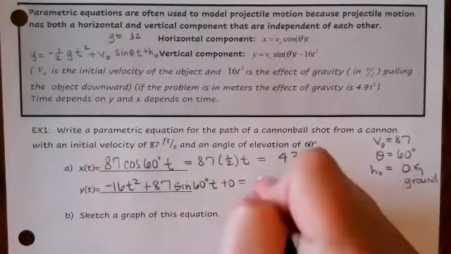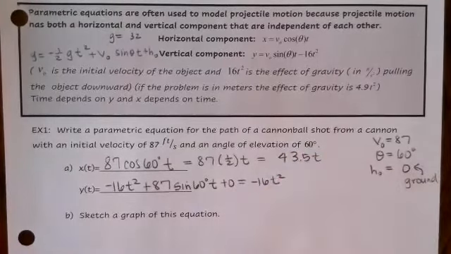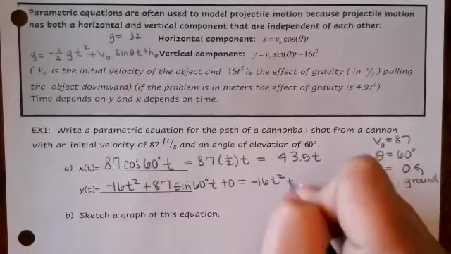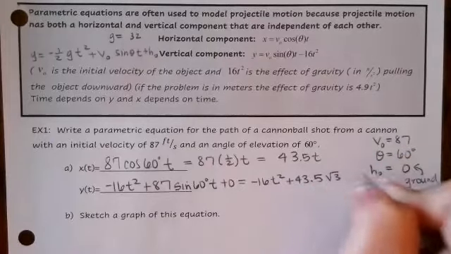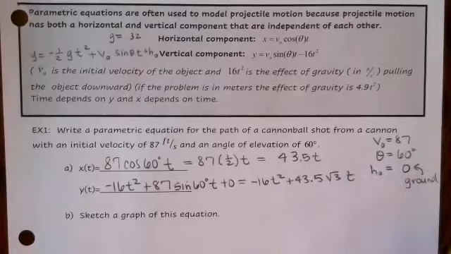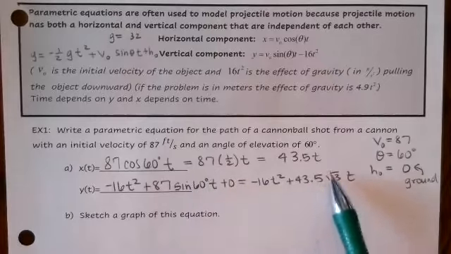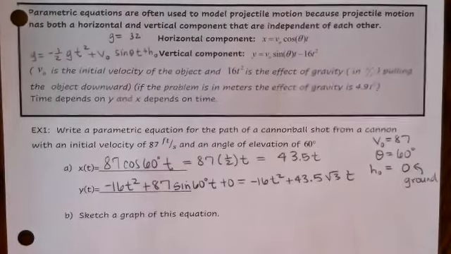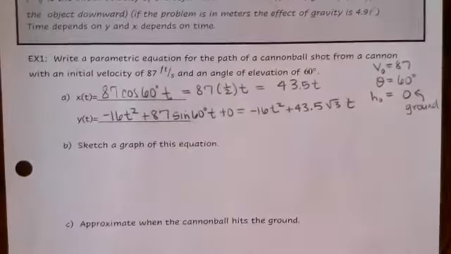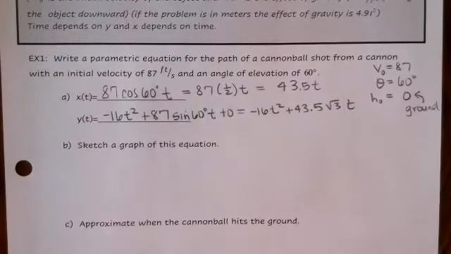That too will simplify, so we end up with -16t squared plus 43.5 times √3 times t. And again, that's coming from the sine of 60 being √3/2.